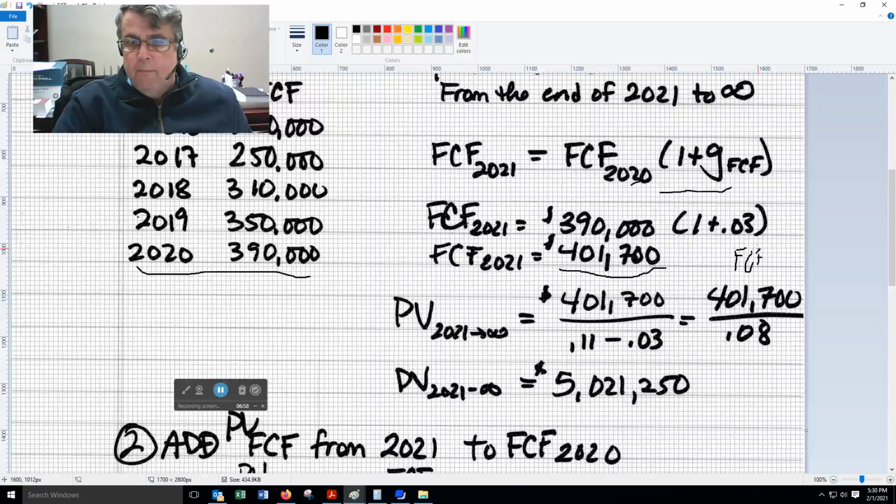for 2021. We take that free cash flow from 2021 on until infinity, and that's going to grow at a 3% rate every year after 2020. 2021 is the first year. That's why we've got 401,700 on top. You divide that by the RA, which was 11%, as a decimal, that's 0.11, minus 0.03.